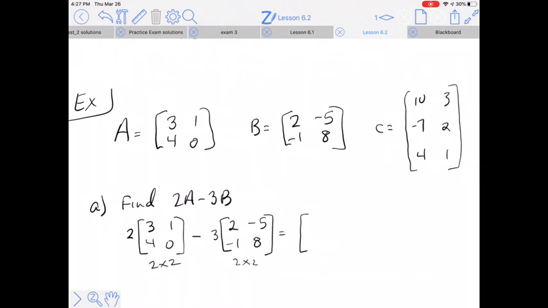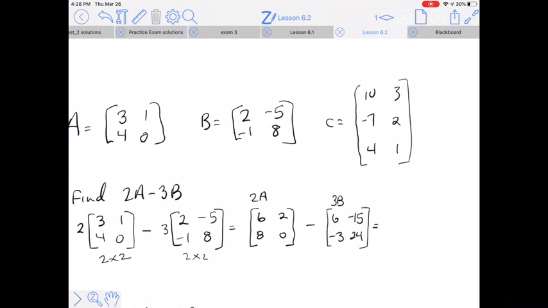So 2 times A is going to be 6, 2, 8, 0, and then subtract 3 times B. If I multiply that 3 in there, I'm going to have 6, negative 15, negative 3, and 24.